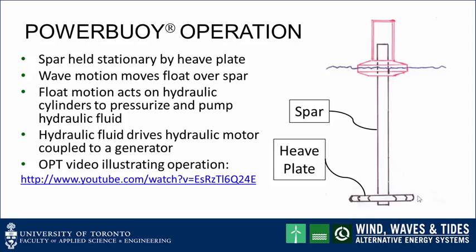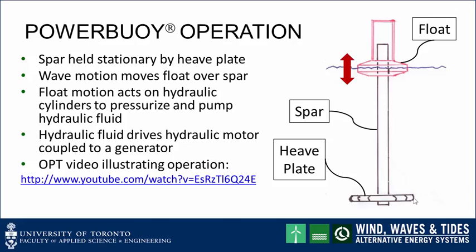So this is a large, heavy plate which is at the bottom of the spar. And the idea is that that plate is at a depth such that the wave motion doesn't cause much influence. So the function of the heave plate is basically to hold the spar steady in terms of its height.